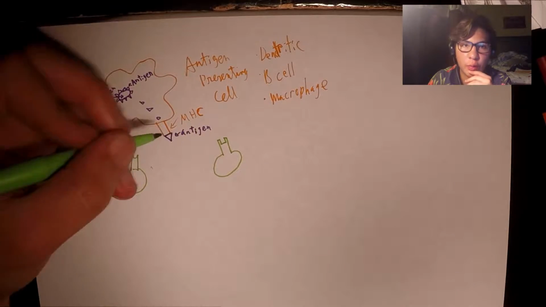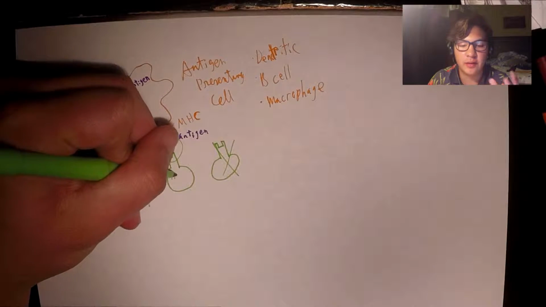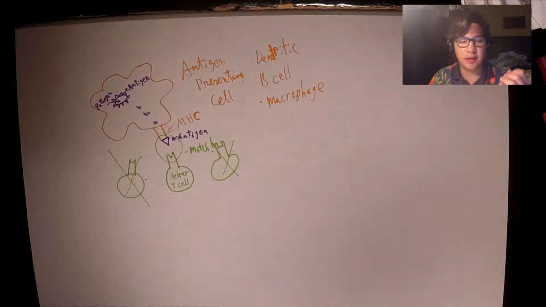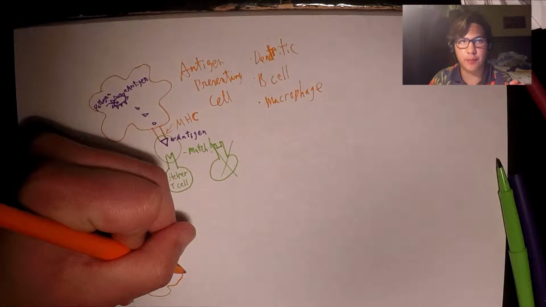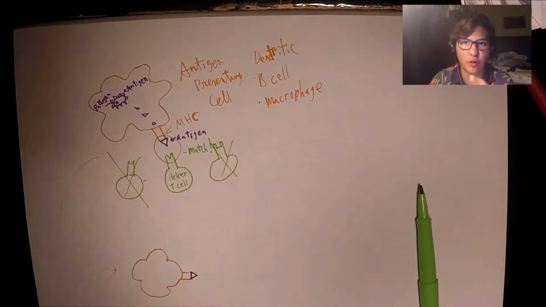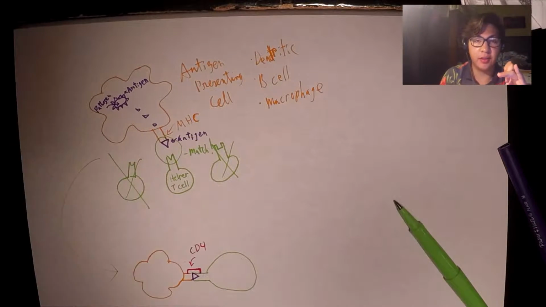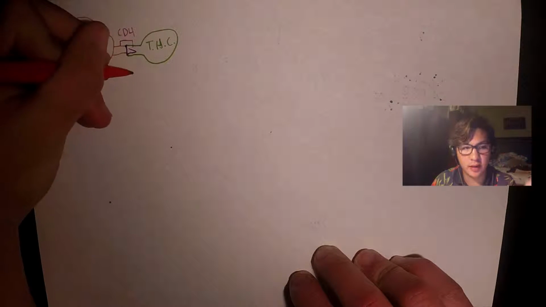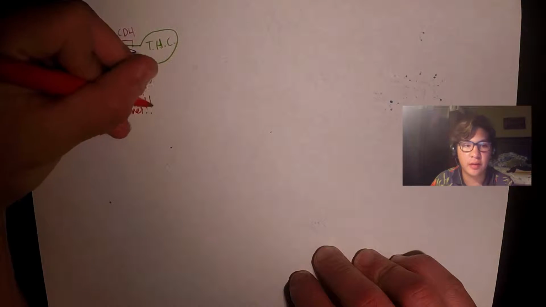However, it's only when the specific antigen is found that the T helper cell will bind with the antigen-presenting cell, as the receptor on the T helper cell has a specific shape that matches a specific antigen. Once those bind together, they lock up the CD4 protein with the T helper cell, which ensures that the bind stays intact, and cytokines are then released by both the antigen-presenting cell and the T helper cell.